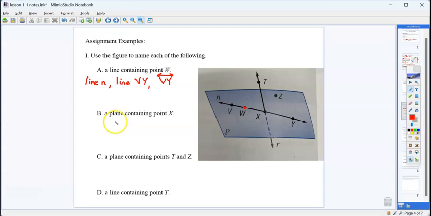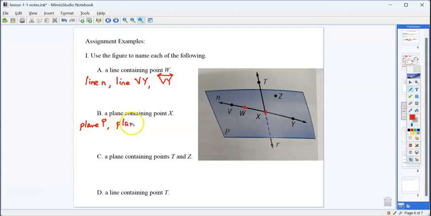Letter B says, what is a plane that contains point X? Well, point X is right here, and it falls on plane P. You could also use any 3 non-collinear points to describe the plane.